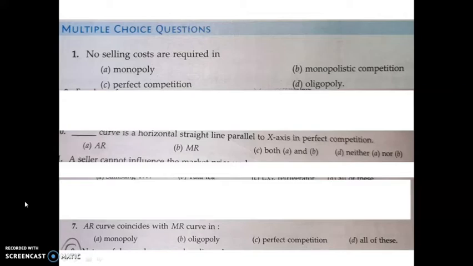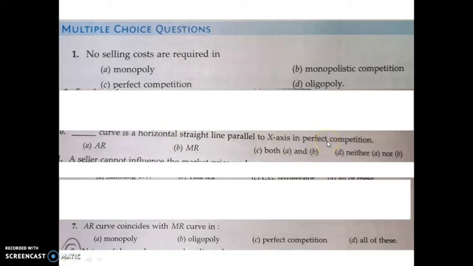Some expected questions from this portion are: first, no selling costs are required in A. Monopoly, B. Monopolistic competition, C. Perfect competition, D. Oligopoly. Selling costs are not required in perfect competition, so the answer is perfect competition. Then, the dash curve is a horizontal straight line parallel to the x-axis in perfect competition.